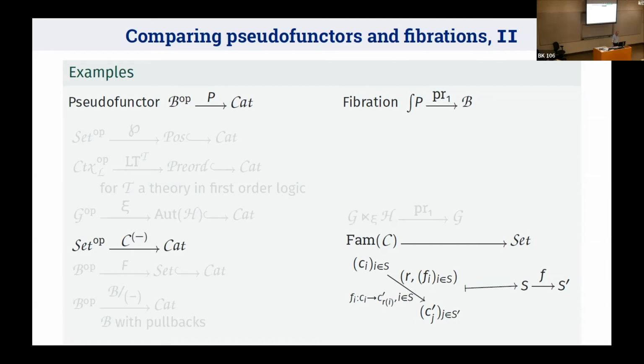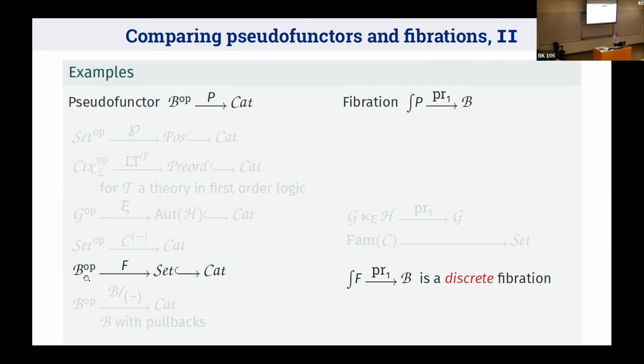I've listed this because this is the universal solution to the problem of adding arbitrary co-products to a given category C, and it appears as a fibration.